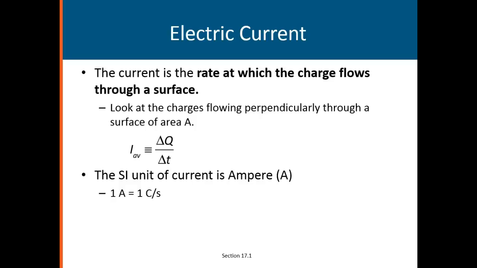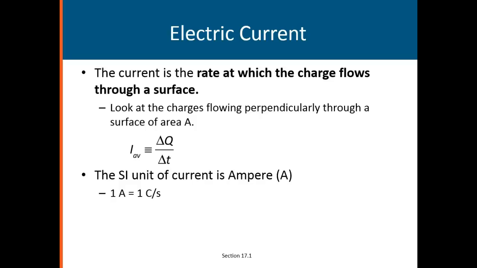The SI unit for current is the ampere. So an ampere would be 1 coulomb per second. Now remember, a coulomb is a fairly macroscopic unit of charge. Lots of little electrons. A second is a pretty good length of time. So the ampere is a macroscopic measure of current.